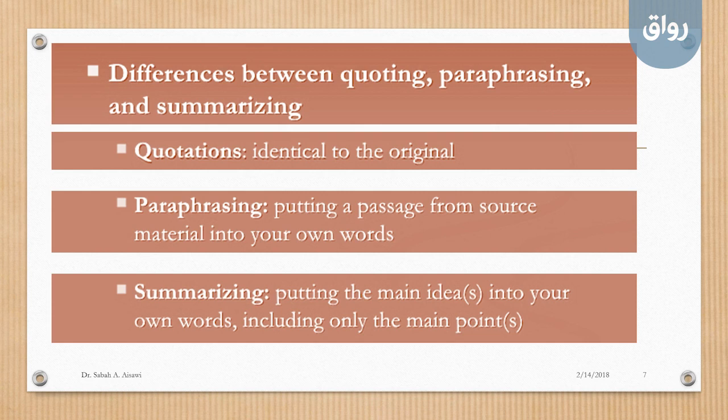Mainly the difference is that in paraphrasing you take a specific idea and you put it in your own words, while in summarizing, you take a longer passage, then you shorten it by taking only the main ideas and you forget about the small details.